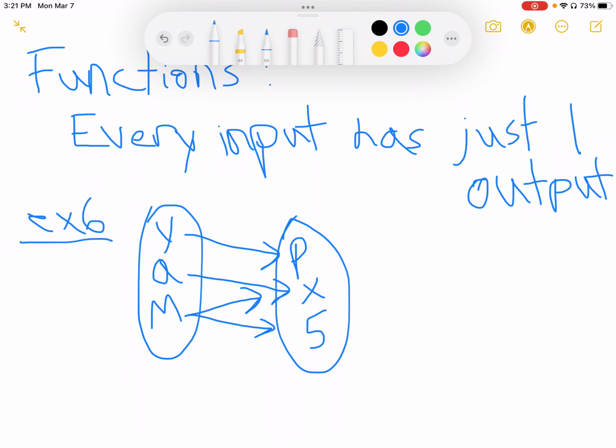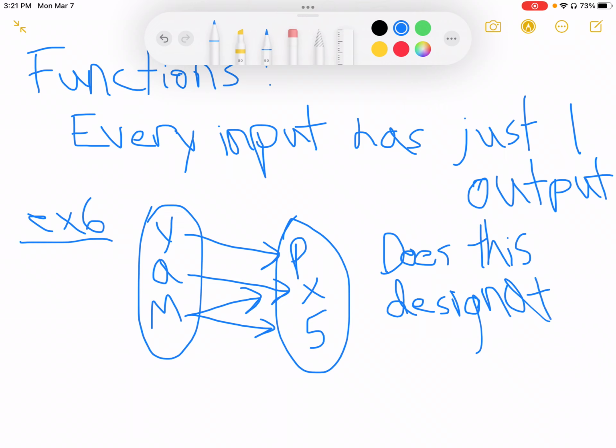The question here is, does this designate a function?